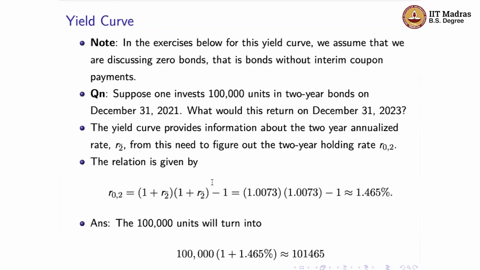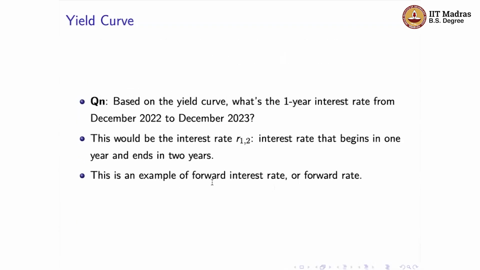Now, before we look into the calculation, why do we care about a number like this? Imagine that you want to plan ahead so that 1 year later from now, where now is, let's say, December 2021, we want to issue a bond that is going to pay out 1 more year later.